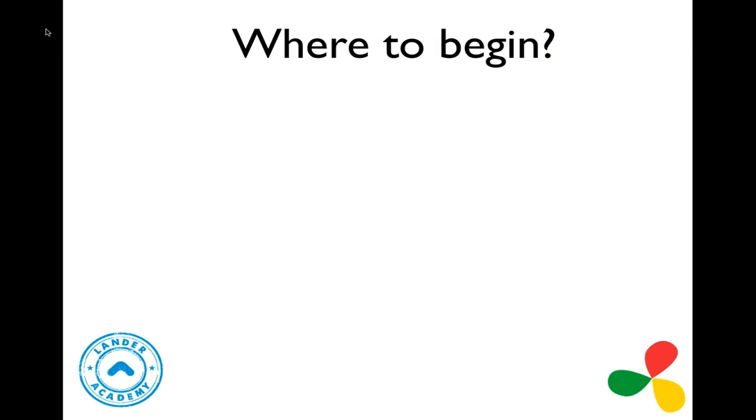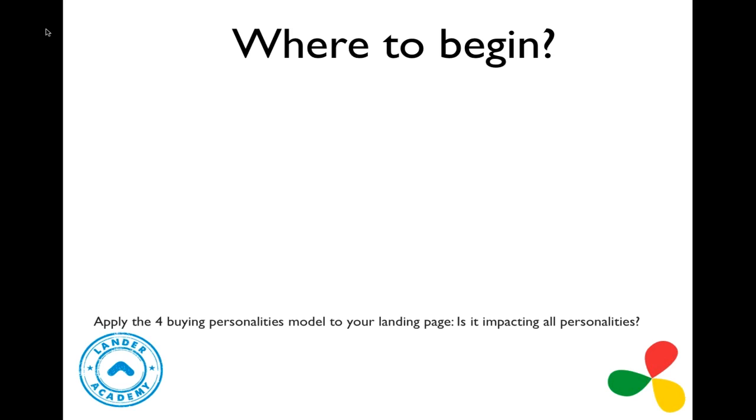I'm sure you'll be excited now about this and thinking about all the things that you can start testing right now with Lander App. Just a little summary, where to begin, okay? Apply the four buying personalities. The easiest, you don't have to research your users. You apply an existing model. Start testing it.